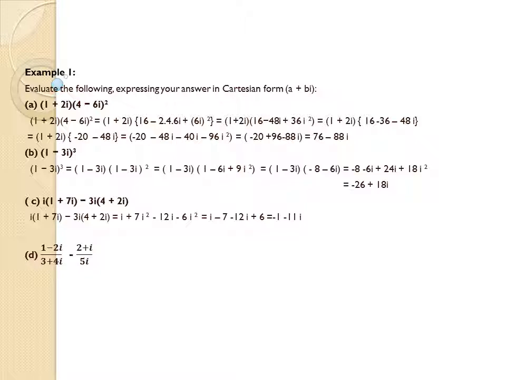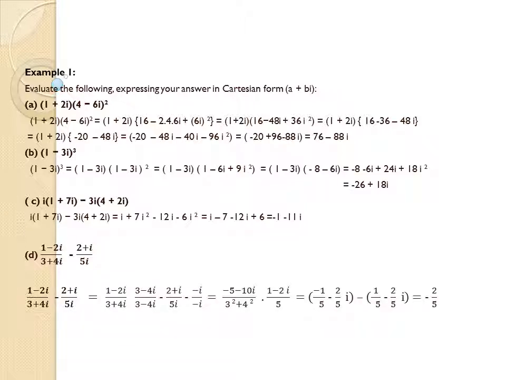Next problem is 1 minus 2i divided by 3 plus 4i minus 2 plus i divided by 5i. Here we can write 1 minus 2i divided by 3 plus 4i minus 2 plus i divided by 5i.